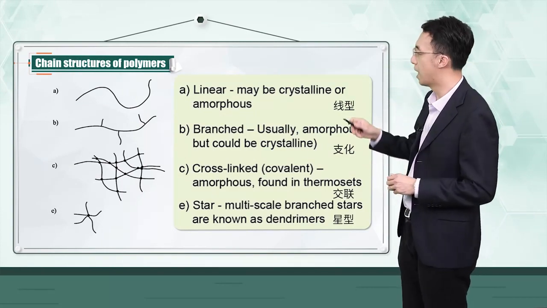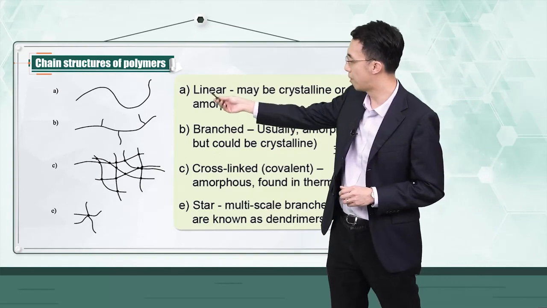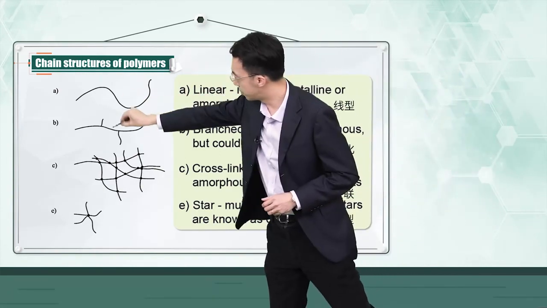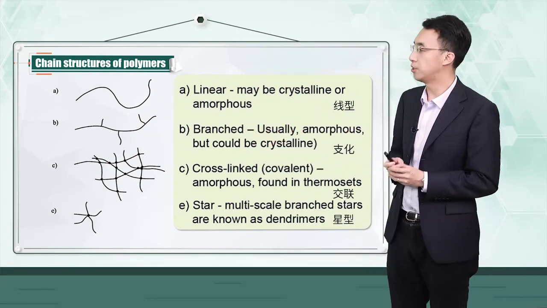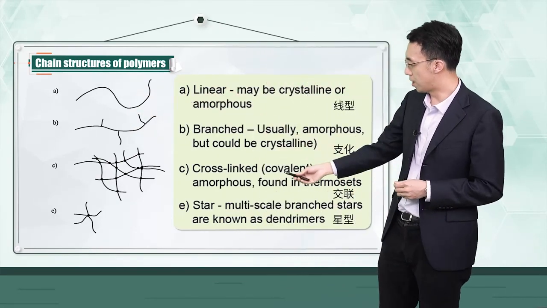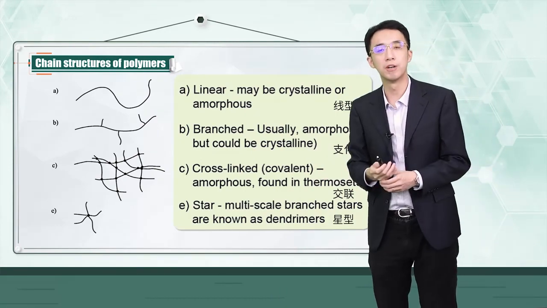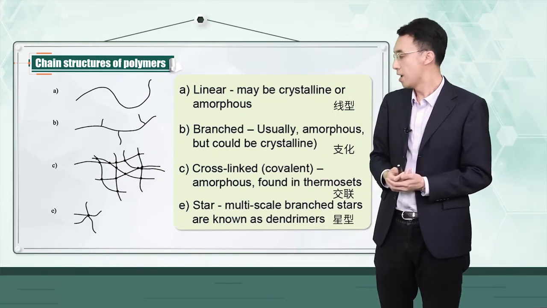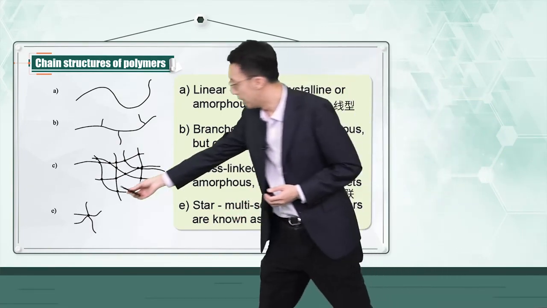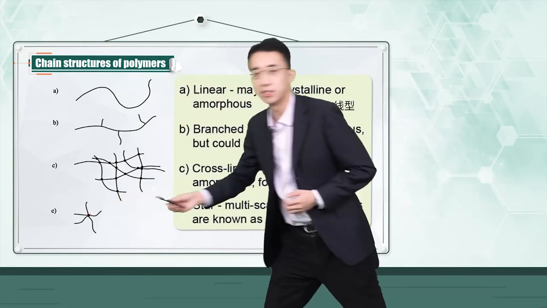For example, you may have a linear polymer or branched polymer, where the side branches are connected with the main chain, forming branches, and cross-linked polymer where there is strong covalent bonding between the chains. You can also have a star polymer where you have a common node at the center.